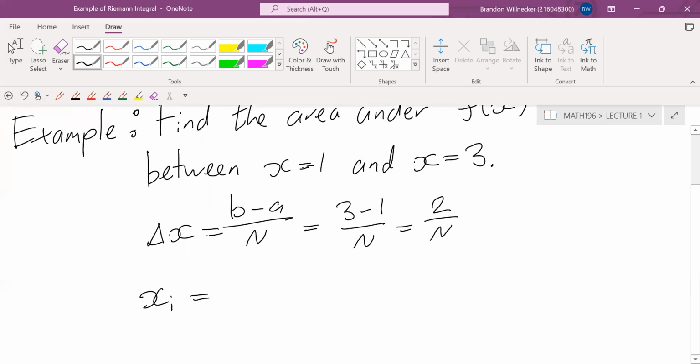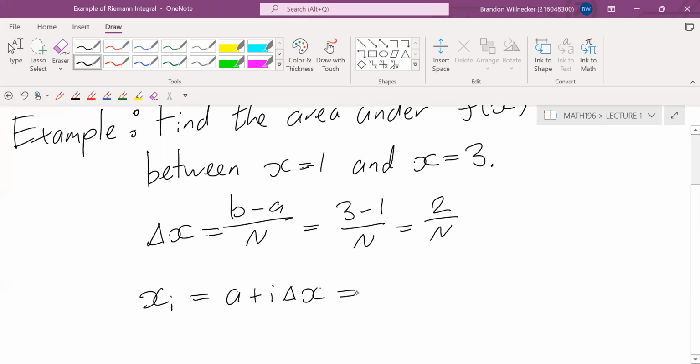Remember that was our sample point for the rth rectangle. Okay, now we'll get to this in the next lecture, but remember what I said, it shouldn't matter what the sample point is. So let's just take the sample point to be a plus r delta x.